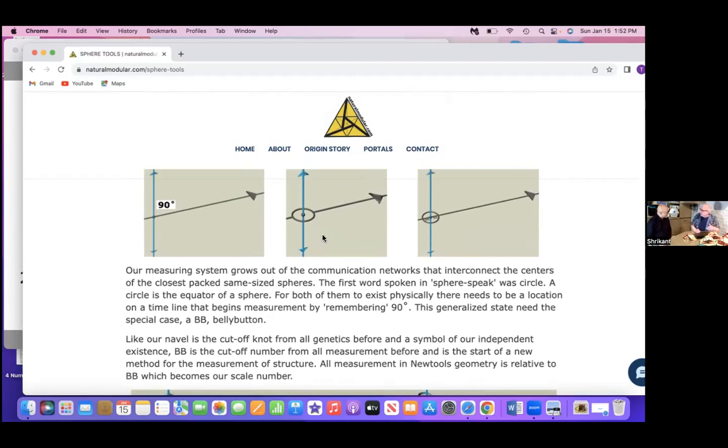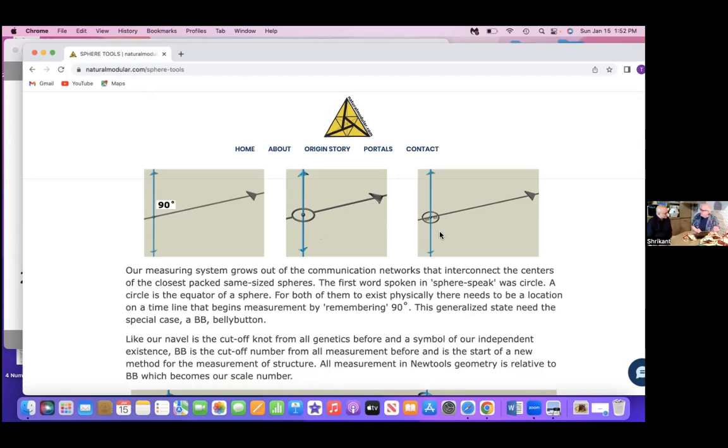Instead of having a point that doesn't have a location and a line that has no dimension, you start with a timeline that has a location on it, and that location remembers the 90-degree angle. And that is the genesis that forms an equator that then needs a scale number. So that's basically what's here.